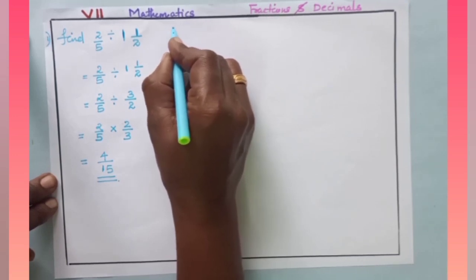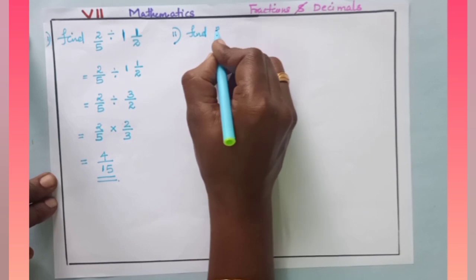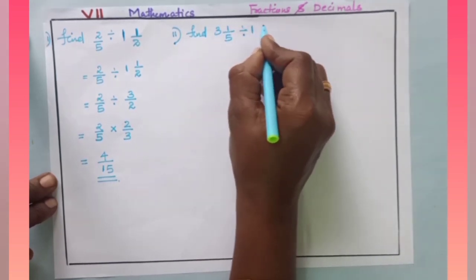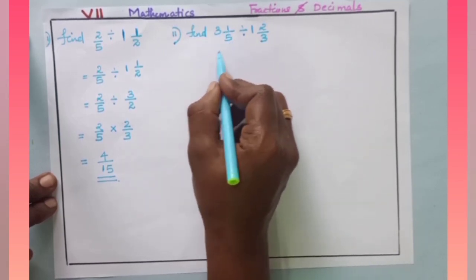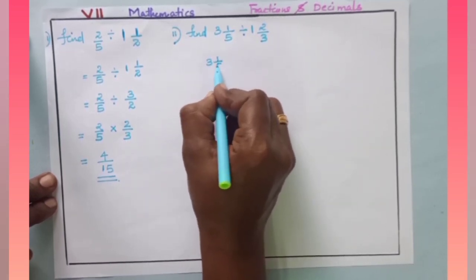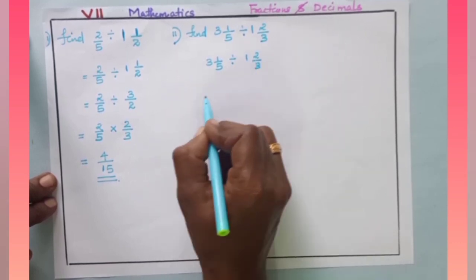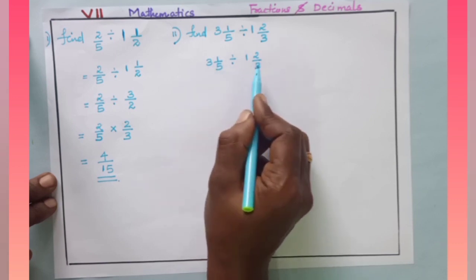And the second question. Find 3 and 1 by 5 divided by 1 and 2 by 3. So these two are mixed fractions. The dividend and the divisor are both mixed fractions.